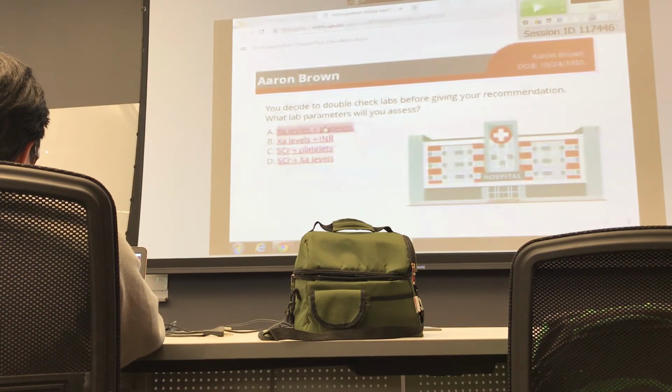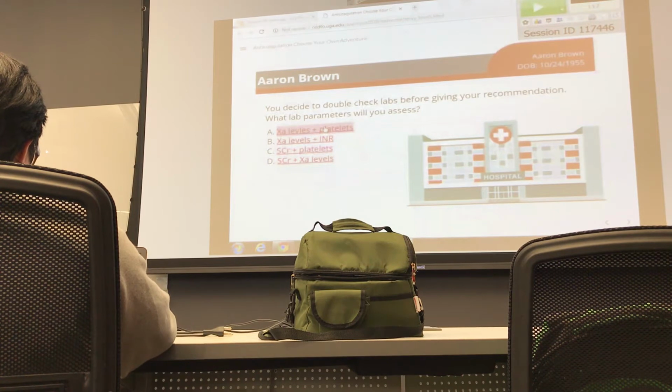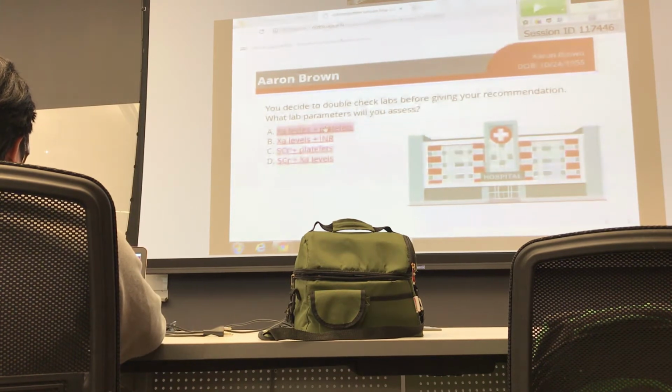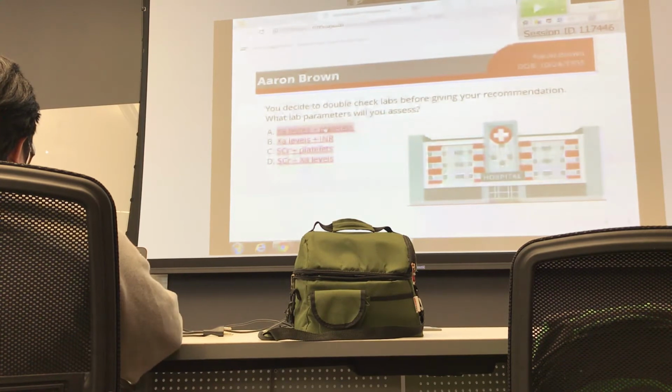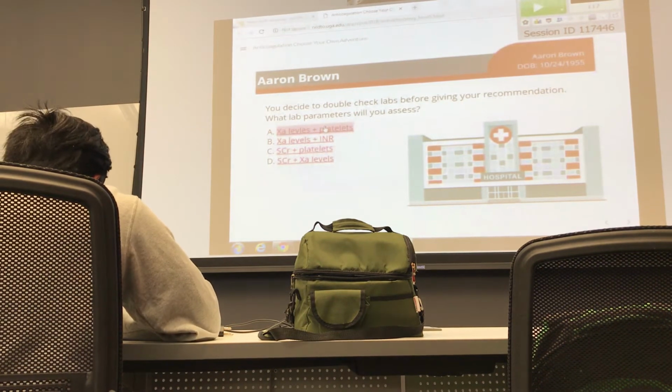Anti-Xa levels and platelets. Somebody who chose A, can you tell me why you chose A? This time I know somebody chose A because a significant number of you did.